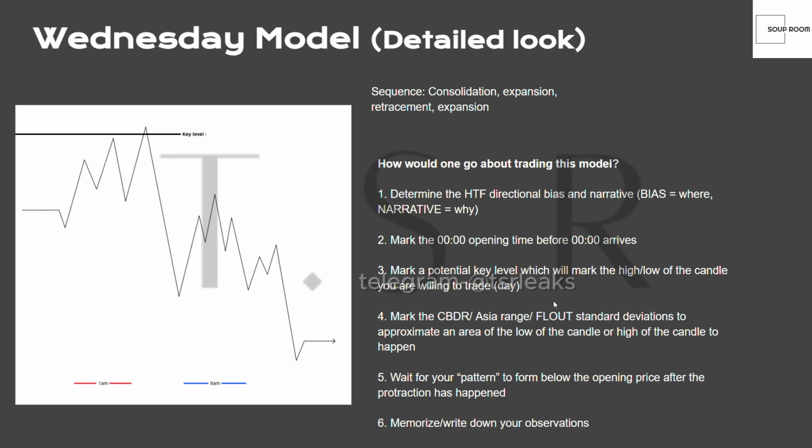In my Asia range video, I explain how if you measure the Asia range with a Fibonacci and you locate the standard deviations of said range, those standard deviations will help you find an area where the high or low of the daily candle will occur. The same techniques that we used for the Asia range can be used for the CBDR and the flout. That is for you to go backtest.